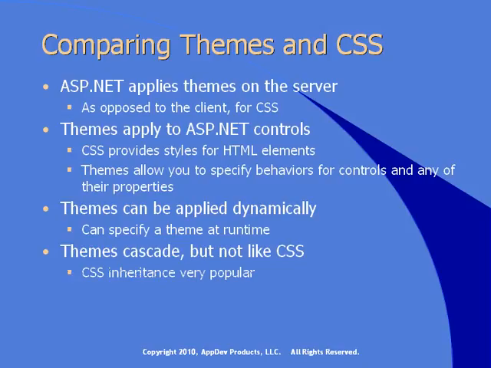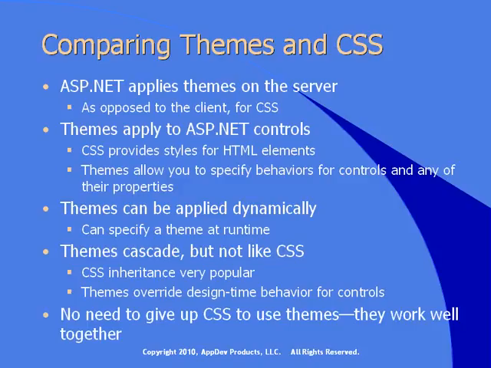CSS inheritance is a very popular feature, and it makes it very flexible. But themes override the design time behavior for controls. That's how they cascade. You can set up design time behavior, and you can override that behavior at runtime using a theme. And there's no need to give up CSS to use themes. They work really well together. So as you'll see in the example, mix and match the two features.